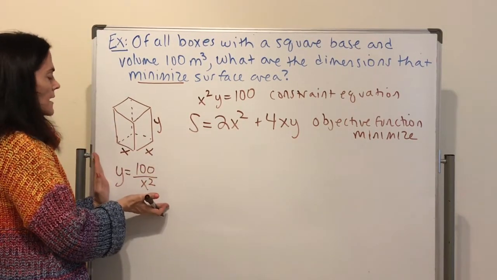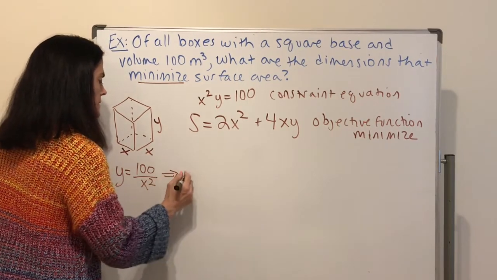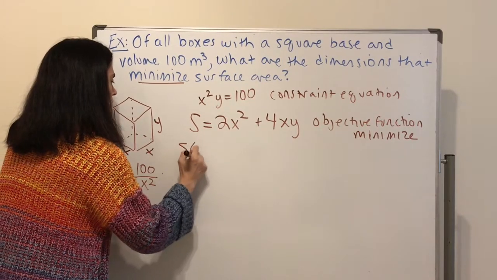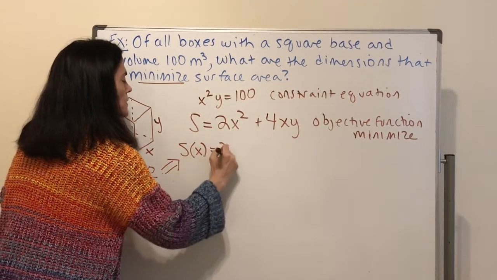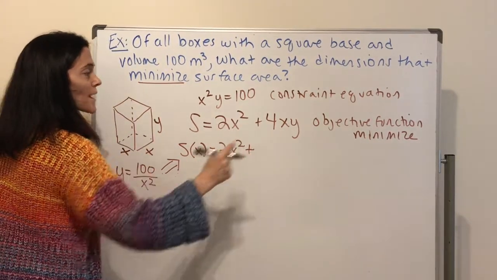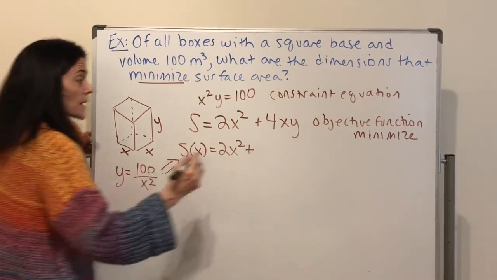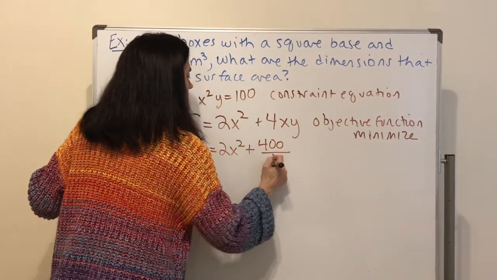So here I have y in terms of x, and now I can write, maybe I will do it up here. I'll go like this. S of x, we have 2x squared plus, well, it's 4x times 100 over x squared, which will be 400 divided by x.